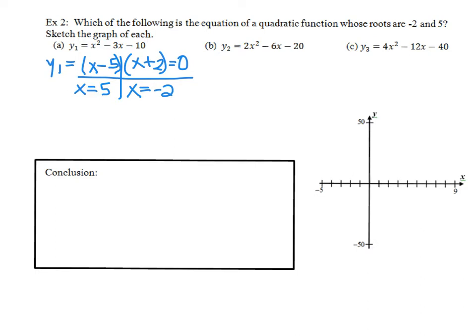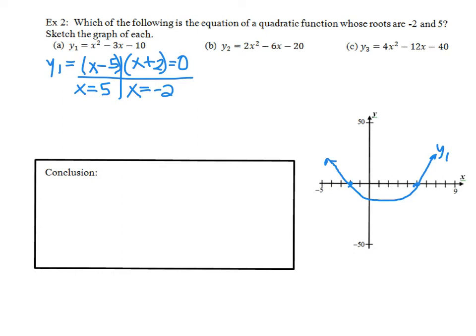Going over to my graph, I see that I have a root at -2. I have a root at 5. And if I graph this one, and again, you might want to look at your graphing calculator on this, I'm going to get the following parabola for y1. So yes, this one does have roots of -2 and 5.